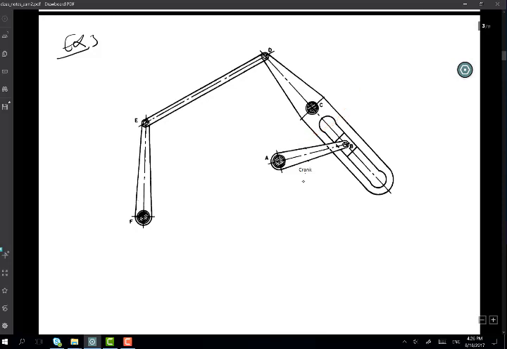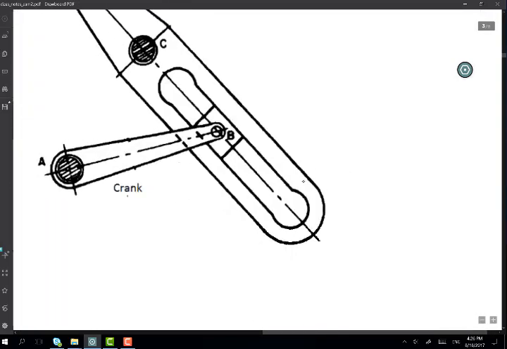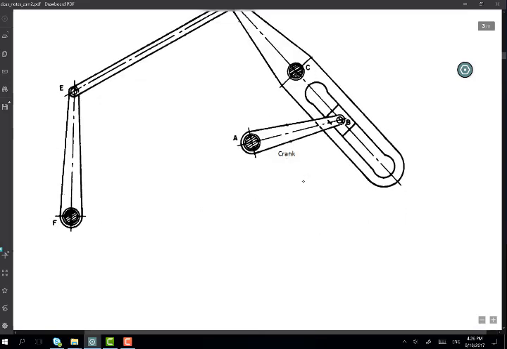This link here is really the crank to this other assembly. So this here is a 4-body chain driven by this other linkage, which is a slider crank linkage.